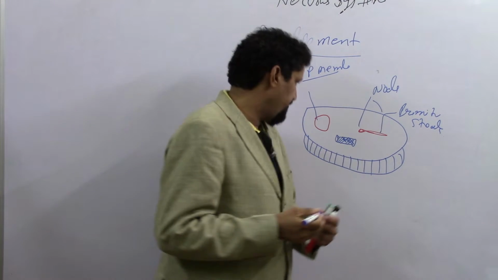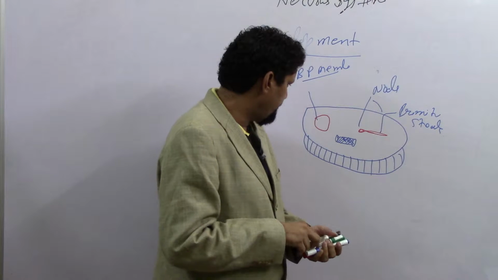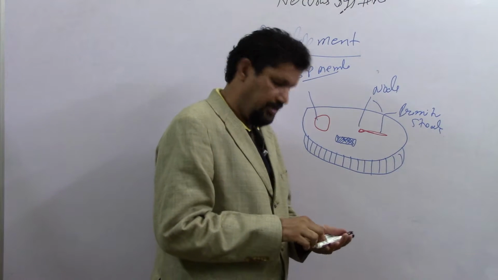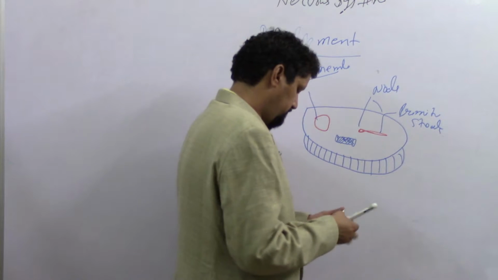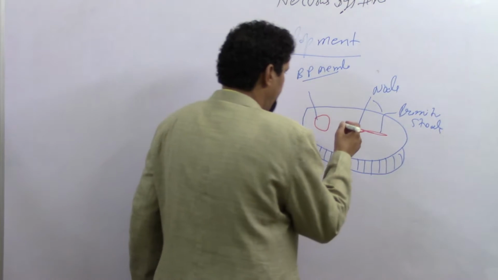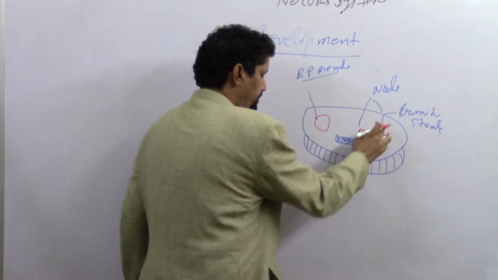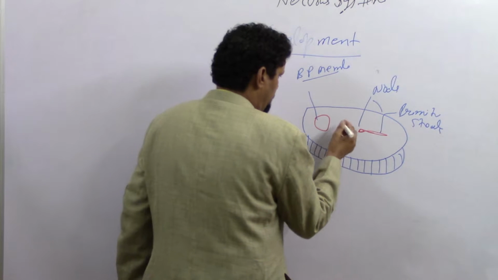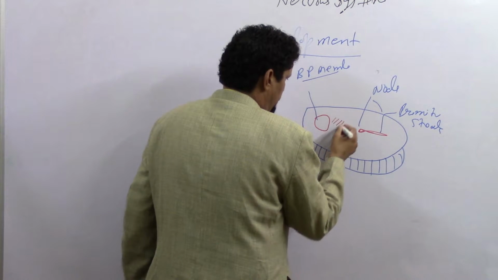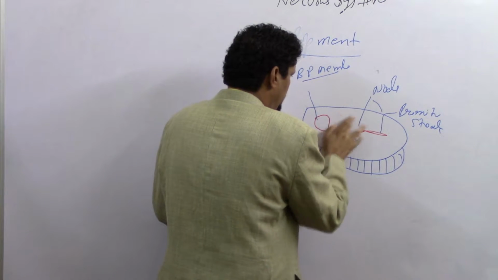In the end of 3rd week and in the first hours or days of the 4th week, there will be modification or differentiation of the ectoderm known as surface ectoderm, and above the notochord, this surface ectoderm will modify to form the neuroectoderm.